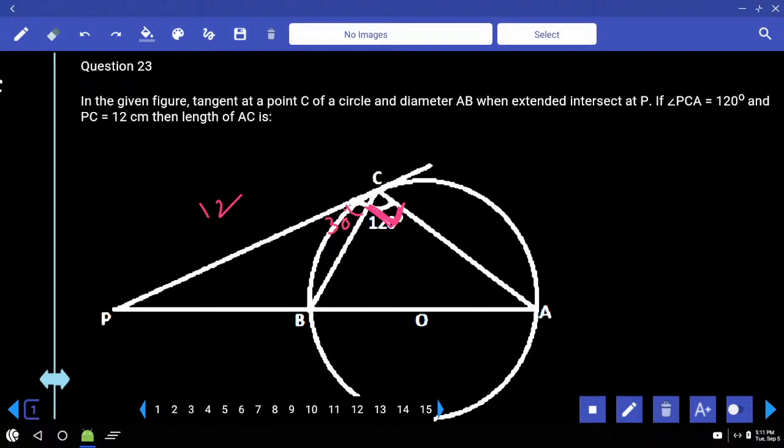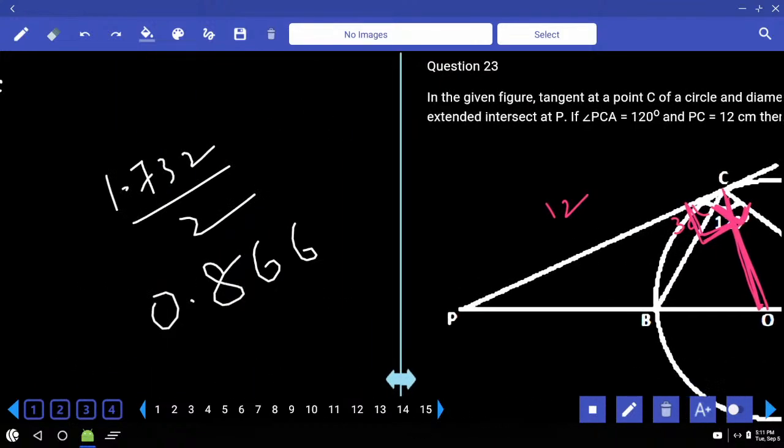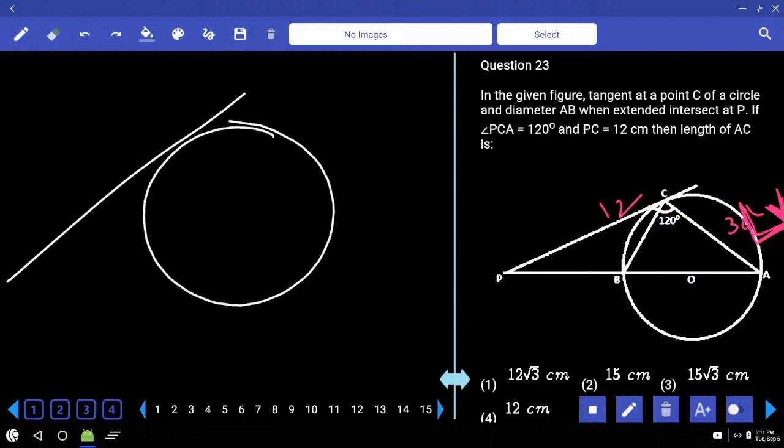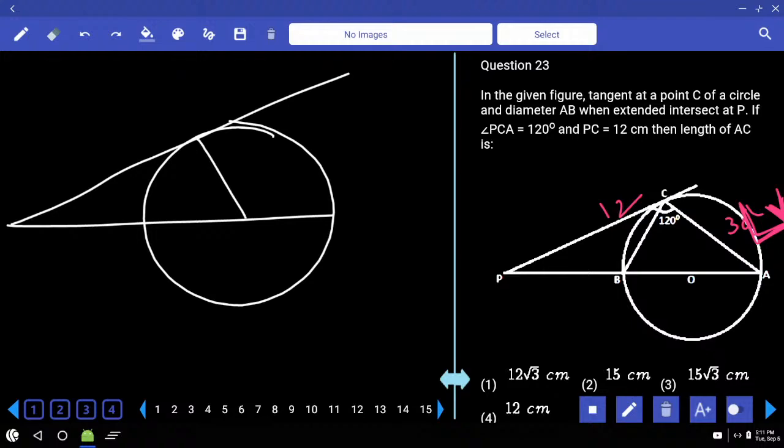If it is 90, if you join these two, this is 90, isn't it?